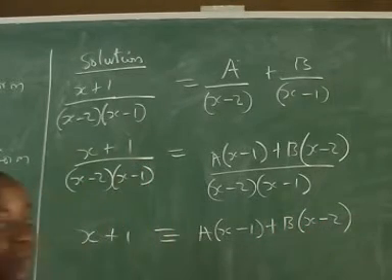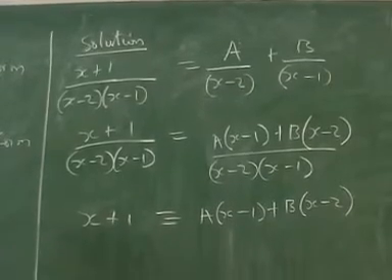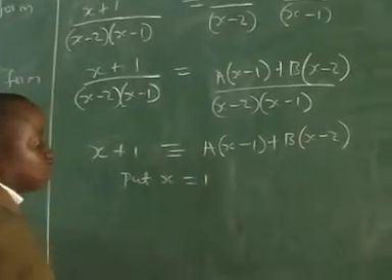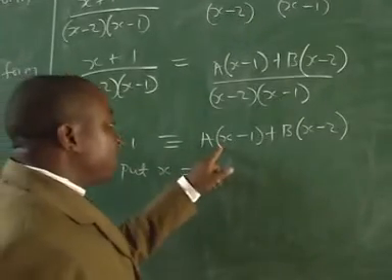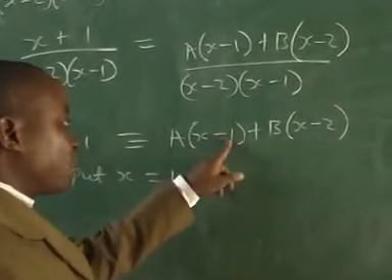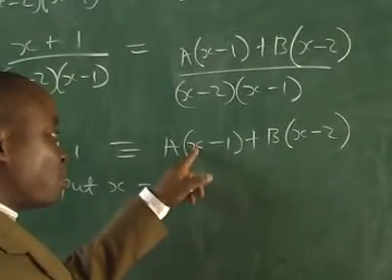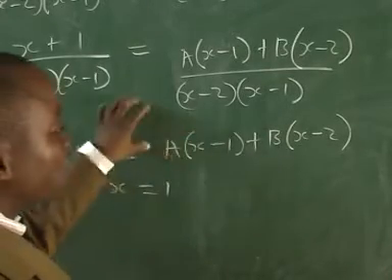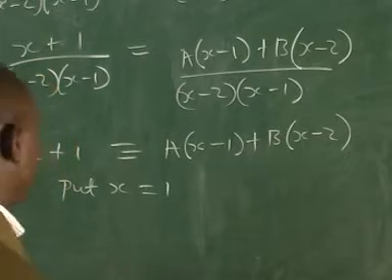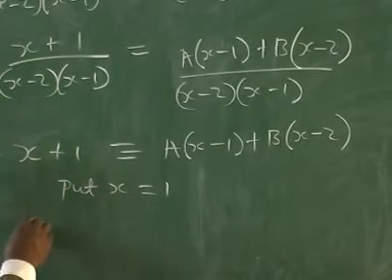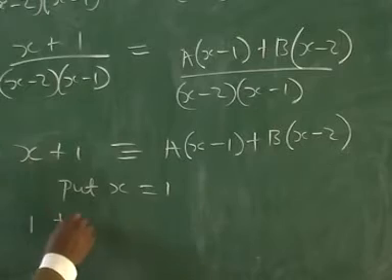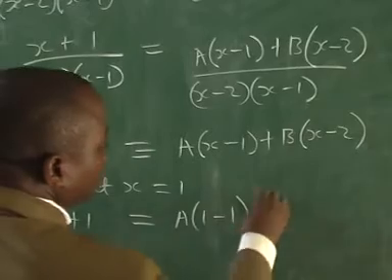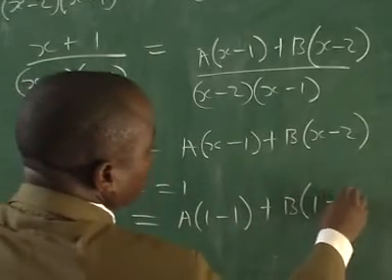Now by the cover-up method, we are going to put x is equal to 1. You know how? We want to make this place 0, and we see minus 1 here. So for us to make it 0, we must put 1. When you say 1 minus 1, it will be 0. So that a can go out, and then we get the value of b. So if we put x is equal to 1, then we have 1 plus 1 is the same as a bracket 1 minus 1 plus b times 1 minus 2.